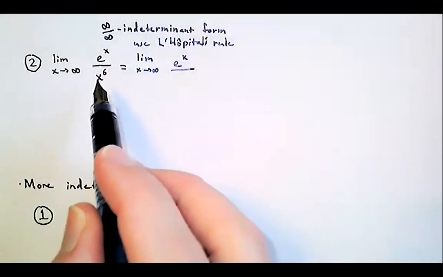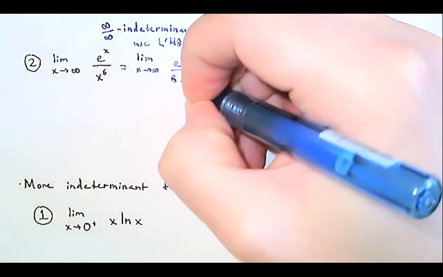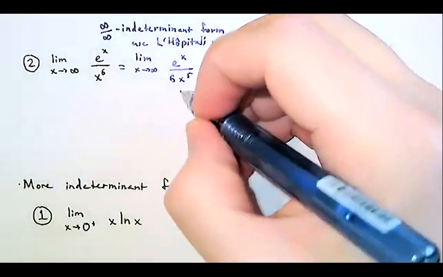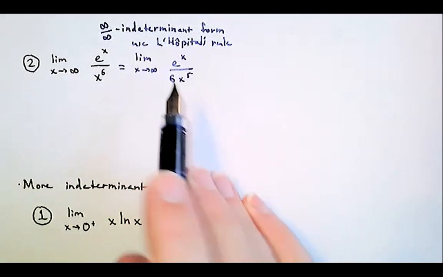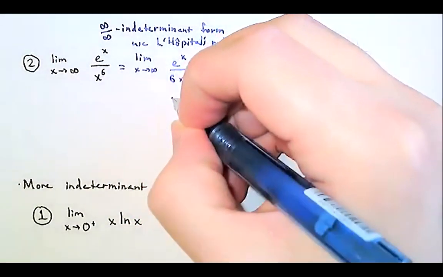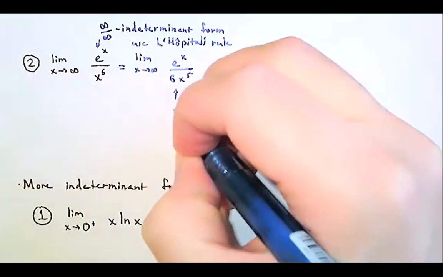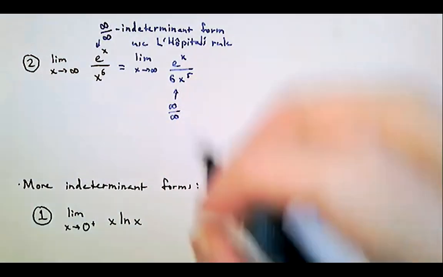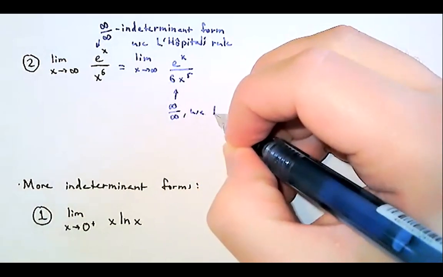And in the denominator, we're going to use the power rule. We get a 6x to the fifth power. And like Matthew noticed, we still at this point have an infinity over infinity indeterminate form. So we have to use L'Hopital's rule again.